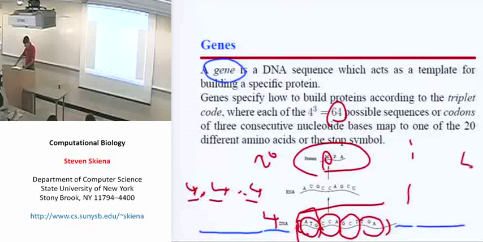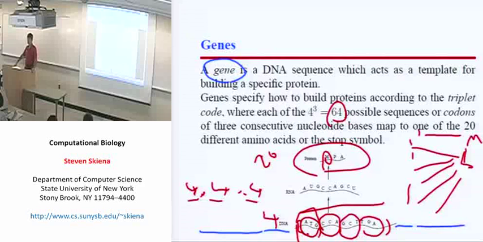There might be a particular type of amino acid, let's call it L, and there are 6 different triples that might map to an L. There is another amino acid, let's call it an M. There is one way to map to an M. So each of the 20 amino acids has at least one triple standing for it. Some have many triples for it.